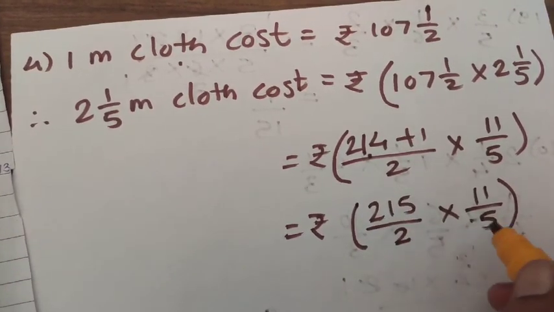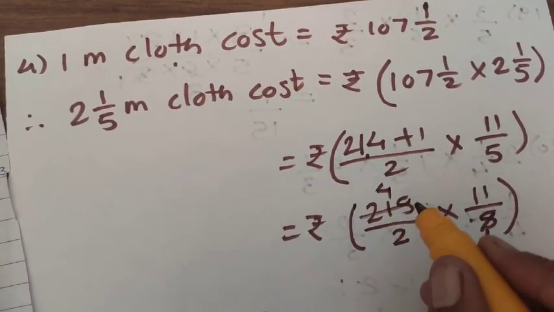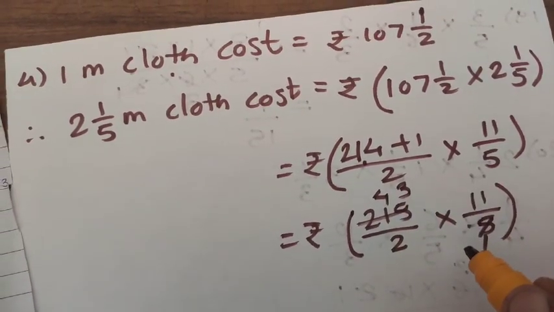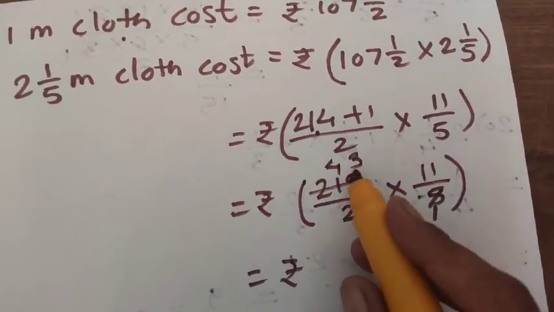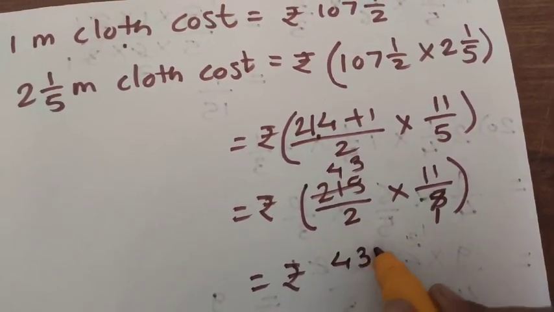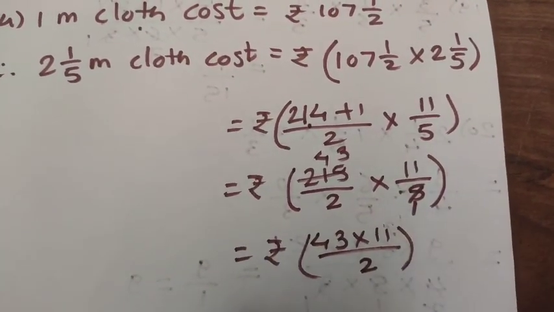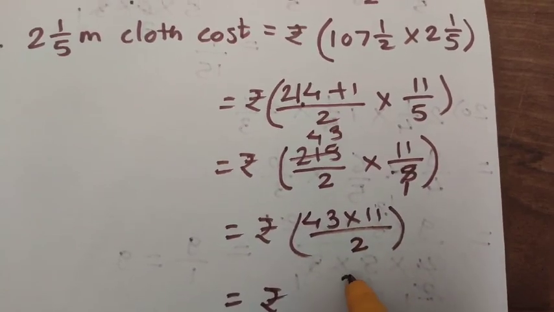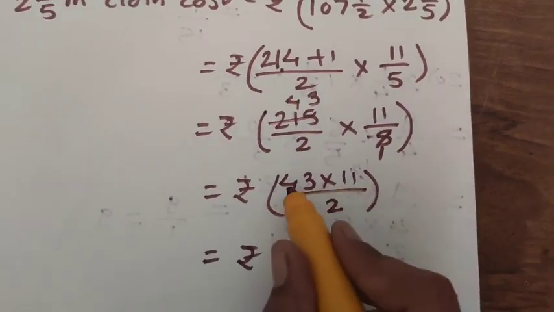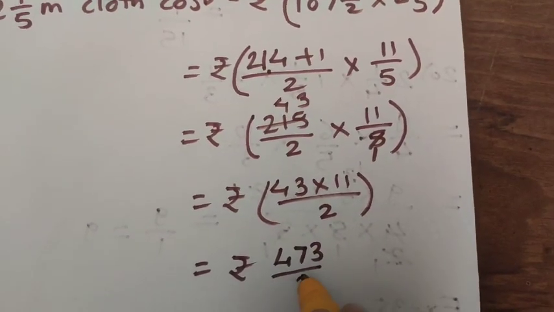Now divide this 215 by the 5: 5 1s are 5, 5 4s are 20, 5 3s are 50. Now rupees 43 into 11 upon 2. Multiply this now. 11 3s are 33, 3 carry, 11 4s are 44 plus 3, 47 upon 2.